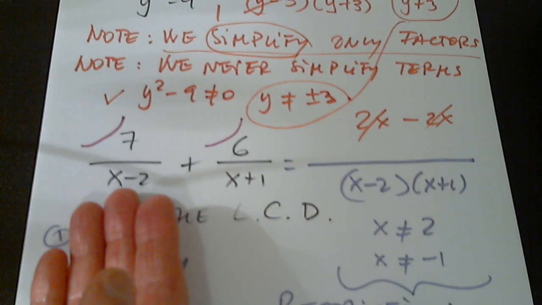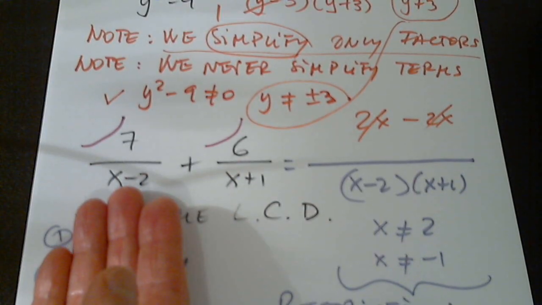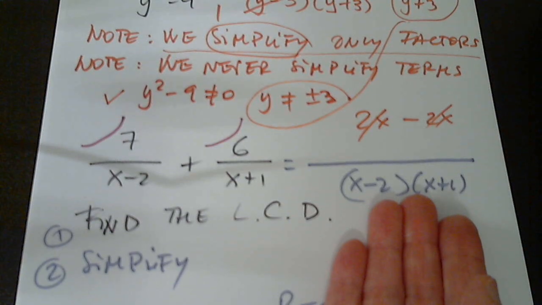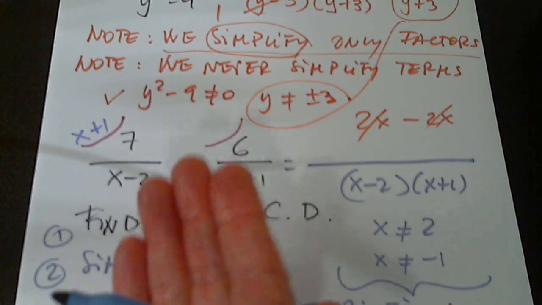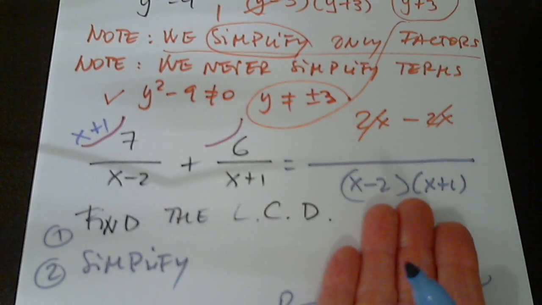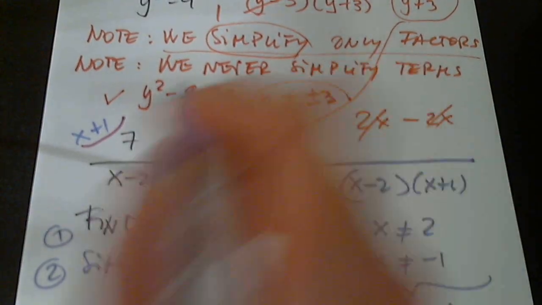What was the factor that we multiplied x minus 2 by to get this? Can anyone read the factor for us? x plus 1. Thank you. x plus 1 was multiplied by what factor to give us this? x minus 2. Thank you.